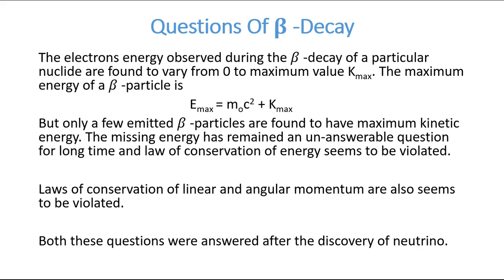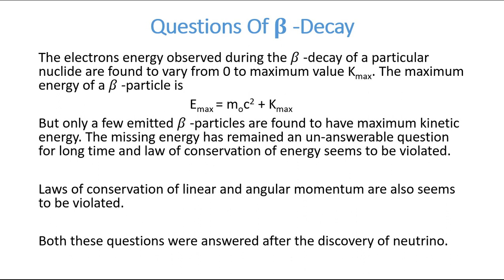The other question was that the electron energy observed in beta decay is not like alpha decay energies, which have more or less the same energy coming from the sample. Beta decay produces a spectrum from minimum energy to the maximum energy.